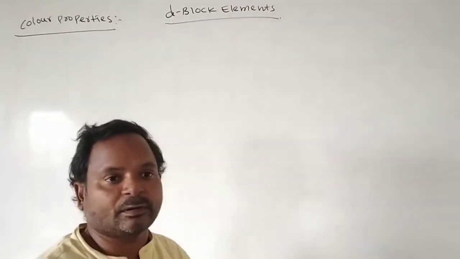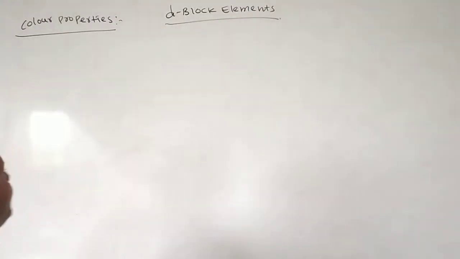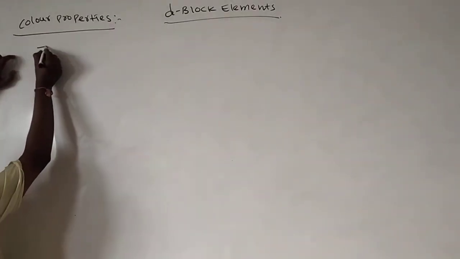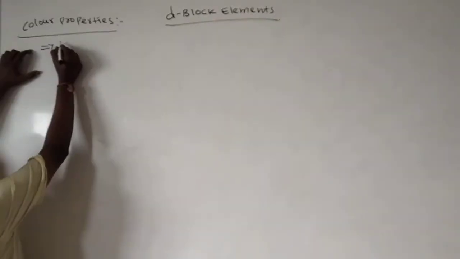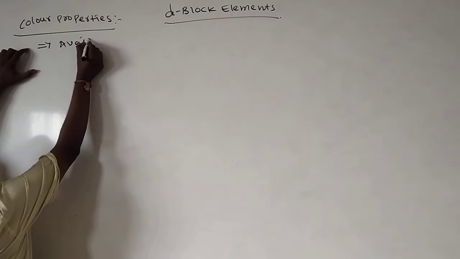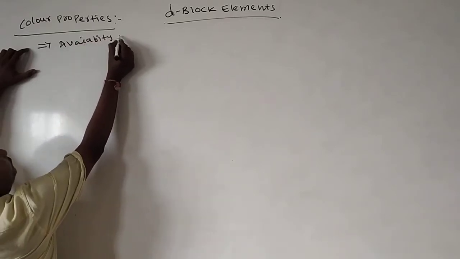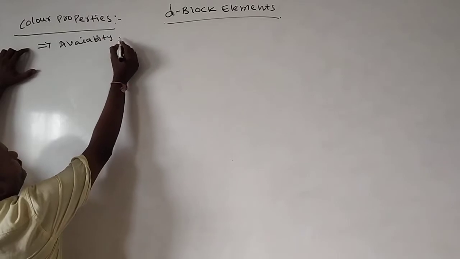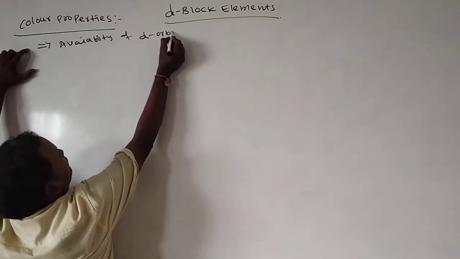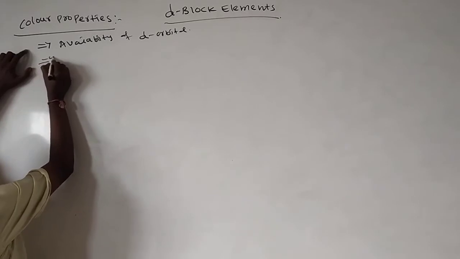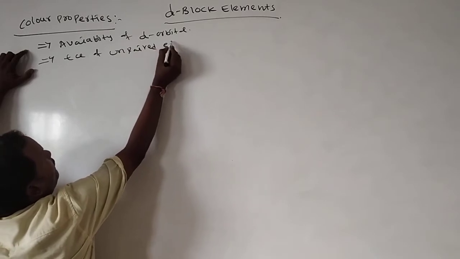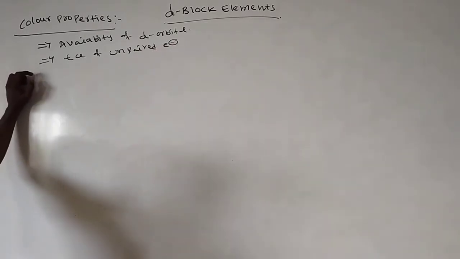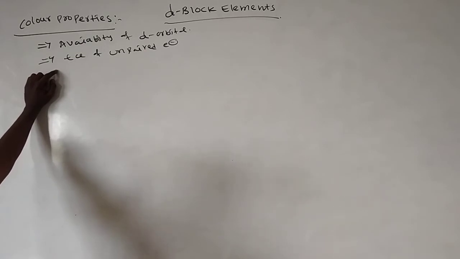Why do they show color properties? First, I will give the reason. There are 3 marks information. Why do transition elements show color properties? First reason is availability of d orbitals, and here presence of unpaired electrons. Only those with unpaired electrons show color properties.